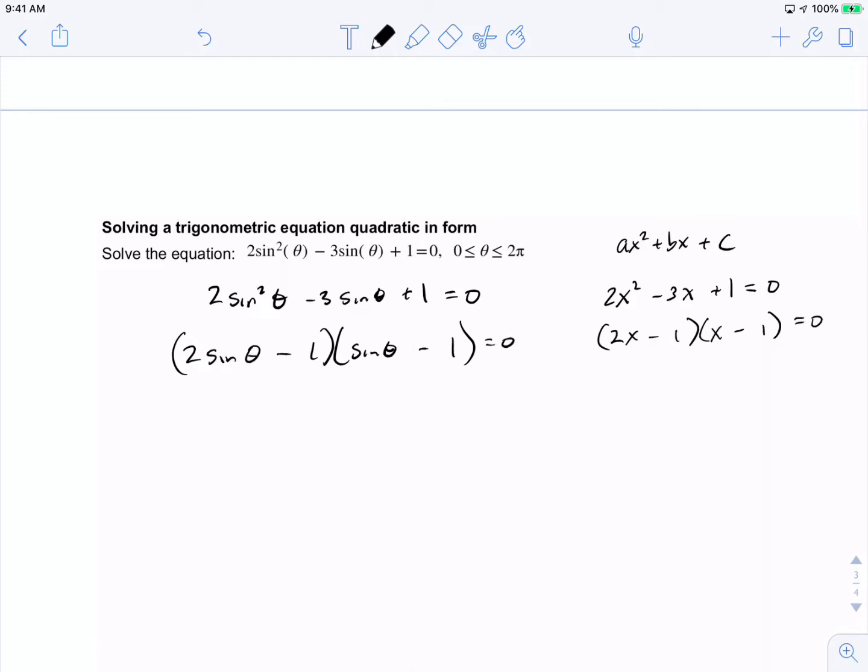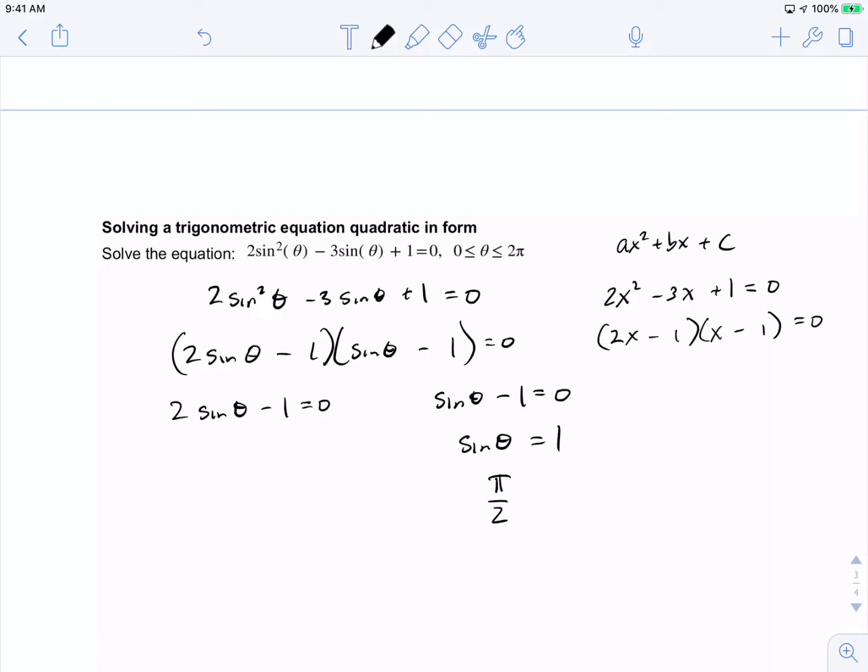And now we see that 2 sine theta minus 1 is equal to 0, or sine theta minus 1 is equal to 0. Well, we'll do the easier one first. When is sine theta equal to 1 under 1 revolution? Doesn't that occur at pi over 2?